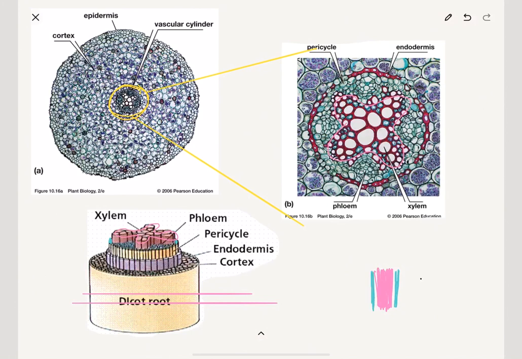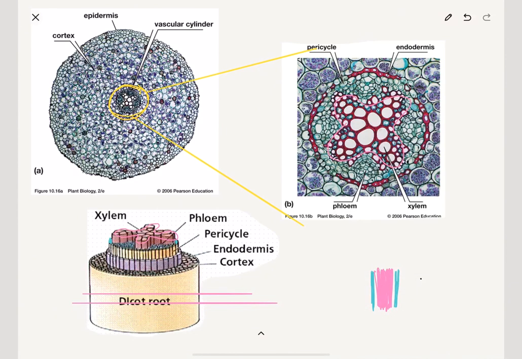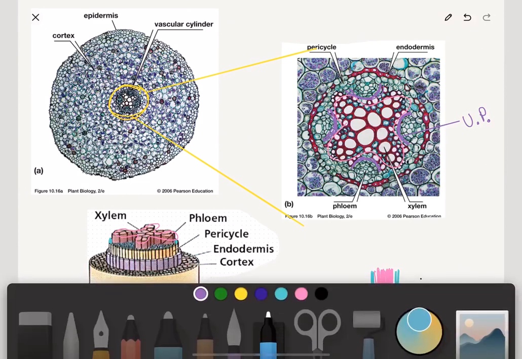You will just see a line, and that's what I'm sketching in the bottom right here, essentially just a section of a root showing what that X of primary xylem will look like relative to its phloem, which will be on just the outskirts of what appears to be a line of primary xylem, shown here in pink.